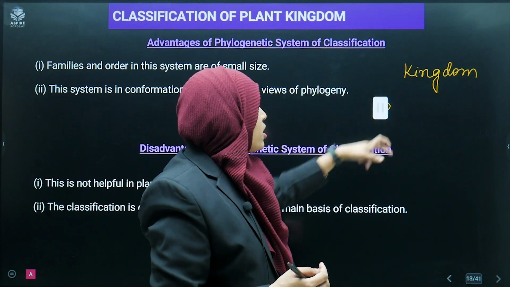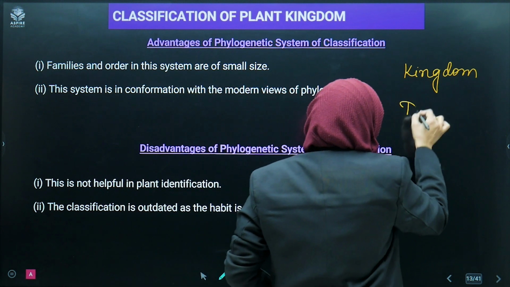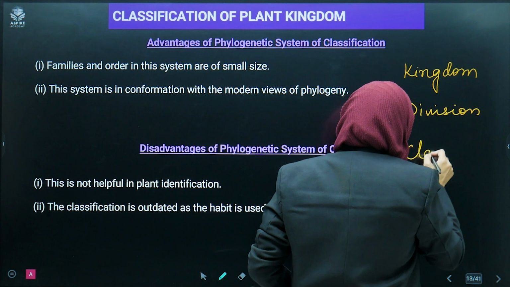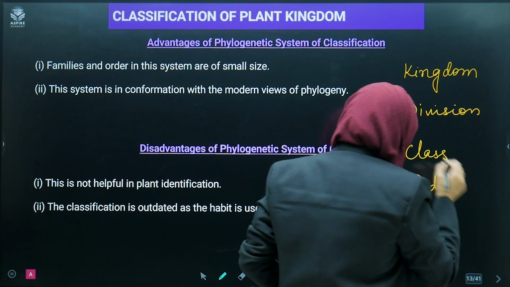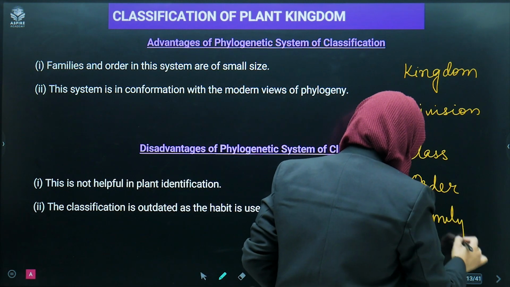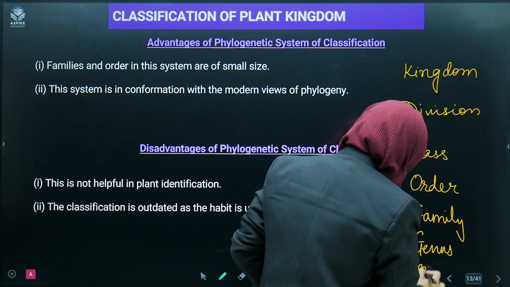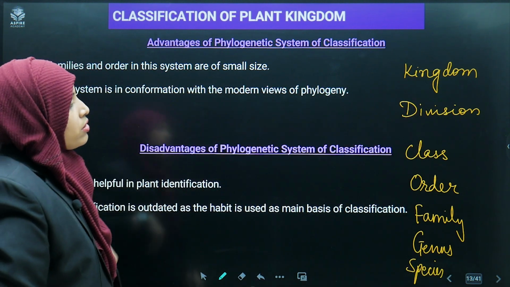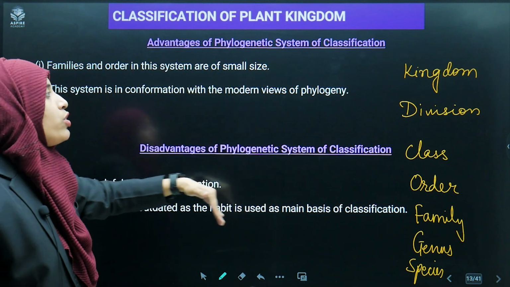Now since we are studying about the plants, so we should write division. Okay, so उसके बाद आता है division, class, order, families, genus and species. Now this is the different taxa hierarchy level को दिखाया गया है.